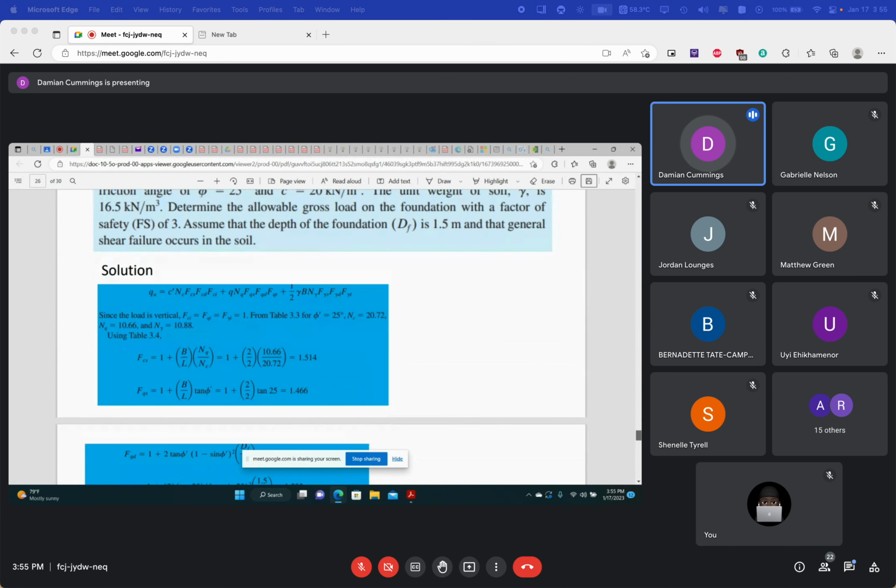The only thing I need to show you is that the load is vertical, so the inclination factor is going to be equal to 1, because it's a vertical load on the foundation. All right. Is that okay?